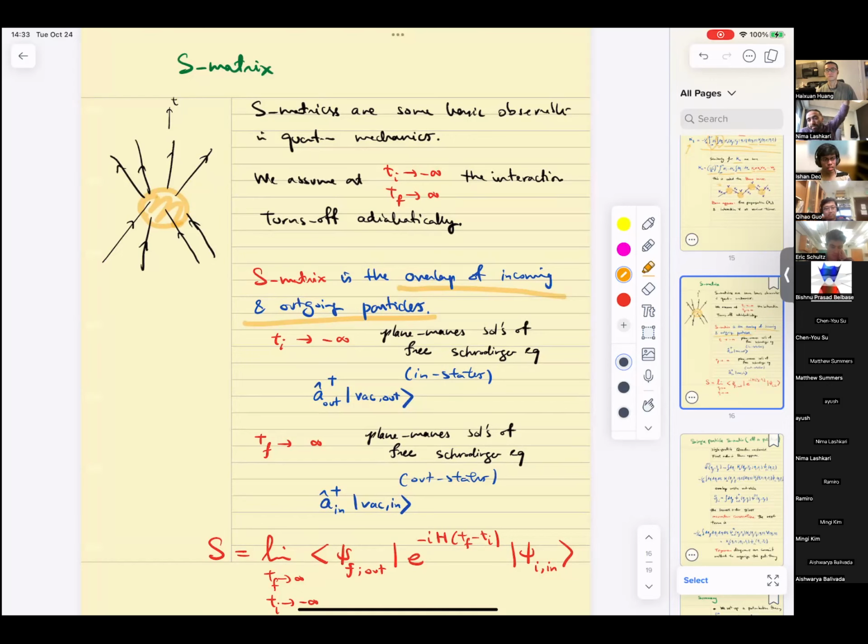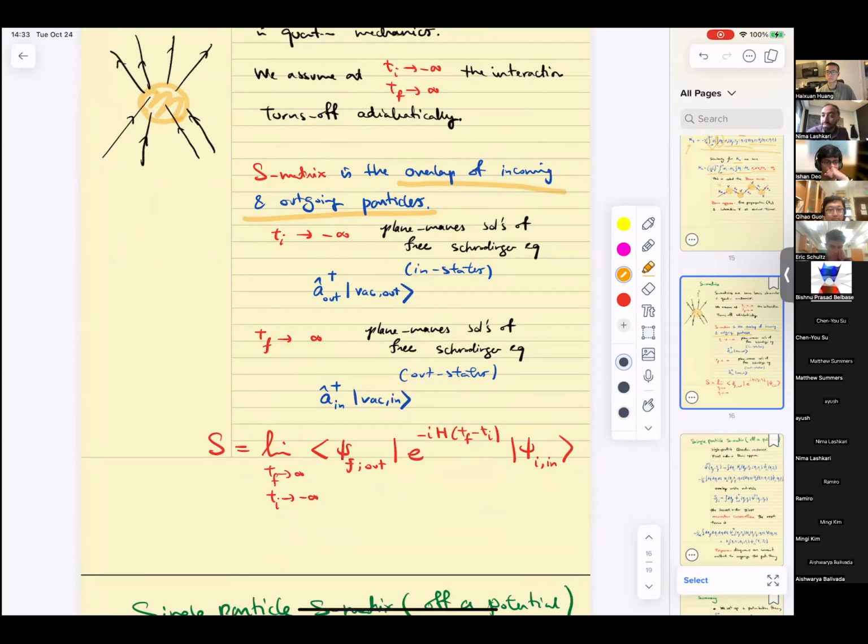In the far future, future eternity, t going to plus infinity, we also assume the interaction turns off, so there will be a new Fock space, which we call Fock space out, with creation and annihilation operators and excited states of that Fock space. Now, the S matrix says take some wave function in the Fock space in.